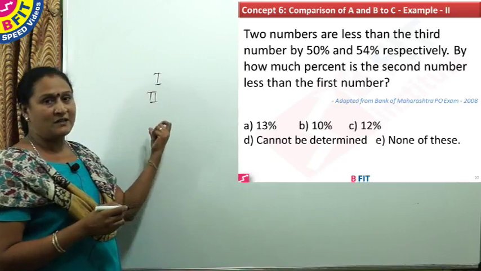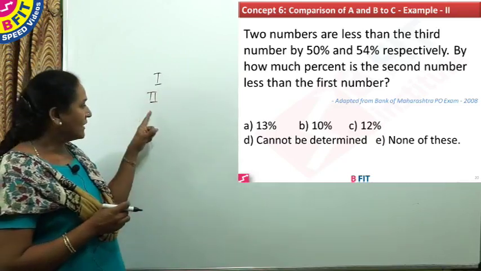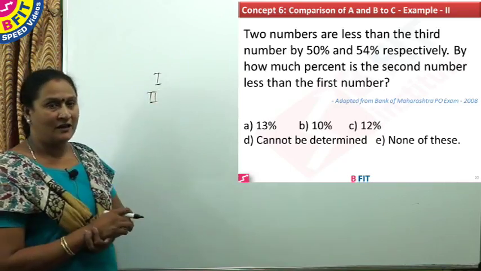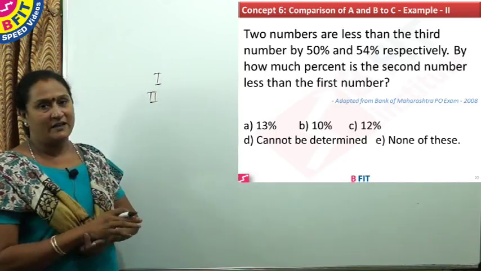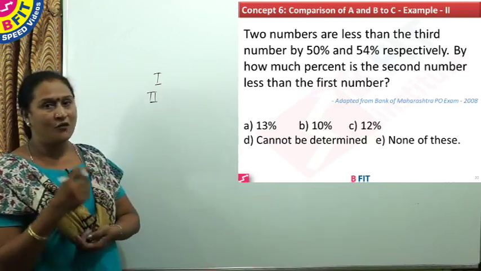Both the numbers are compared to the third number. The first number is compared to the third one, and the second number is also compared to the third one, so we can work out with these percentages itself. Here the concept is the more or less concept, not the off concept.